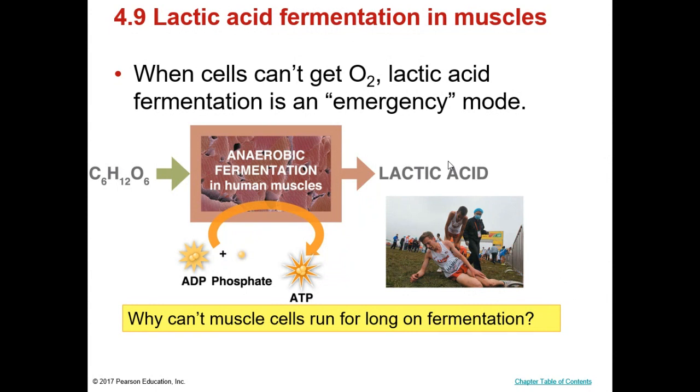We supply the mitochondria with more oxygen than it can actually use. So when we're utilizing our muscle cells to the max, we rely on both aerobic respiration and anaerobic fermentation in order to churn out more ATP.